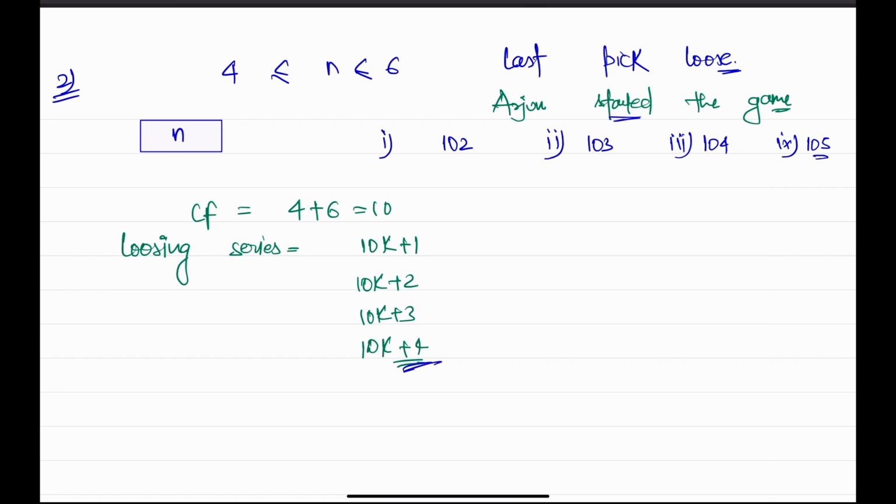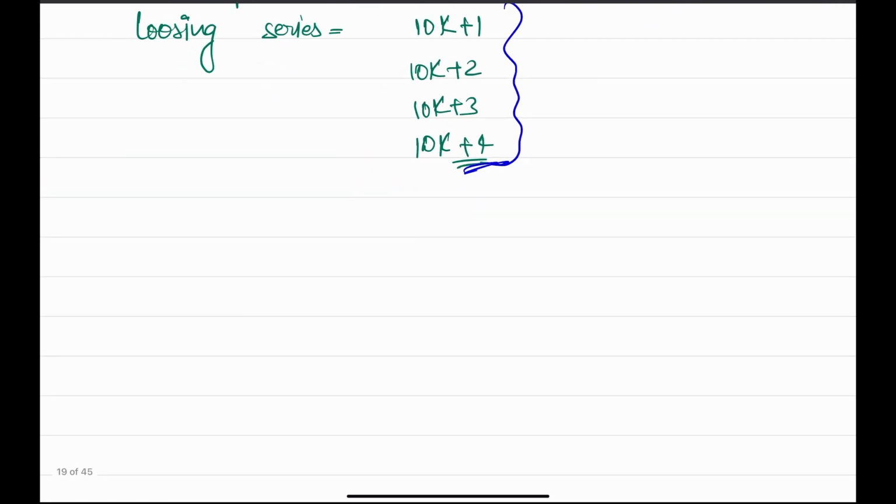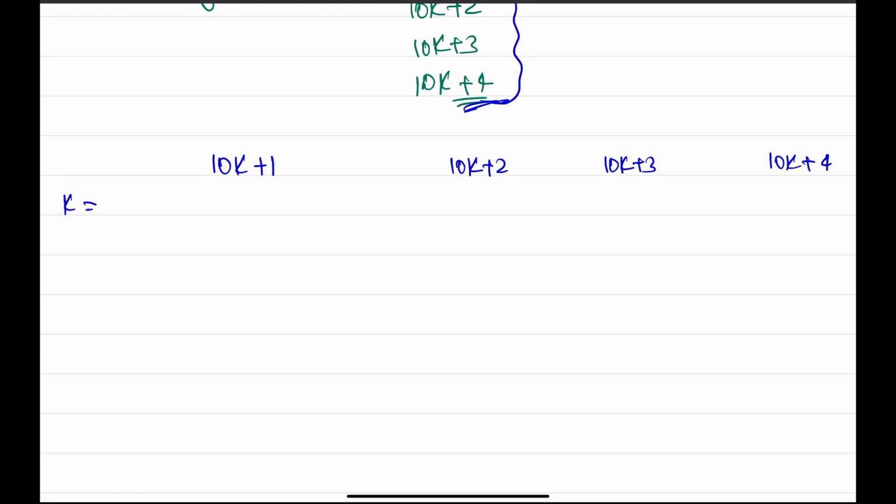If Arjun starts the game, Arjun will want Krishna to be in these positions. Nearest to this, if k is 100, then it will be 101, 102, 103, 104.